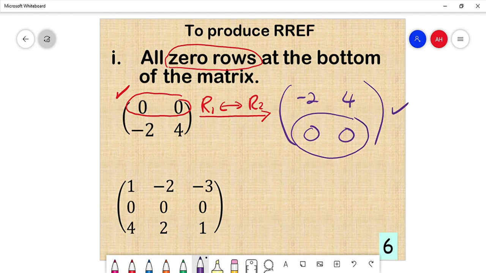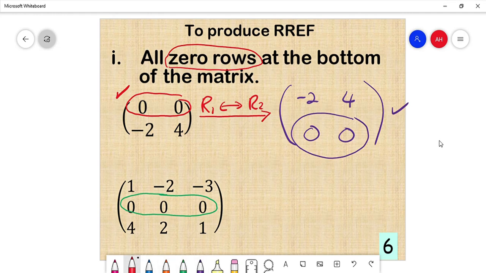Now for this second example, please notice that we also have a 0 row in this matrix, in row number 2. This is a 0 row, right? If this 0 row is at this position, it does not fulfill the requirement for RREF. So we have to do something.